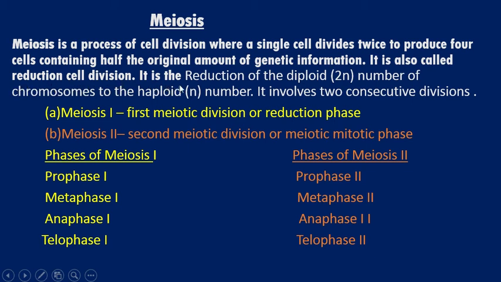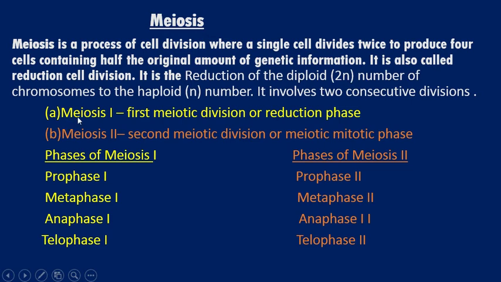So it is the reduction of the diploid 2n number of chromosomes to the haploid n number of chromosomes. So diploid becomes haploid. It involves 2 consecutive divisions. Now we can see here meiosis 1.